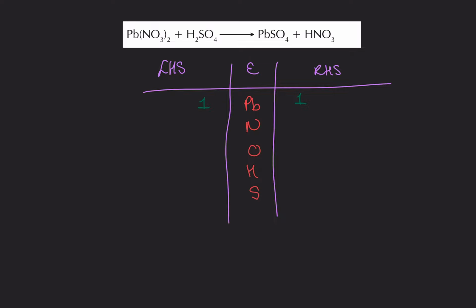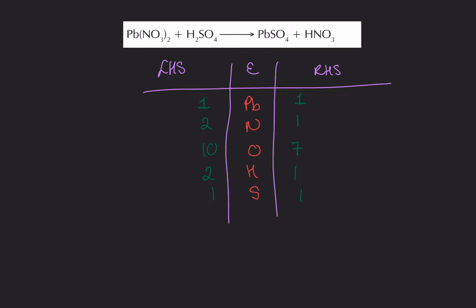I have 2 nitrogens on the left hand side, 1 on the right hand side. 6 plus 4, which is 10 oxygens, and 7 over here. And then I have 2 hydrogens, 1 hydrogen, 1 sulfur, 1 sulfur.